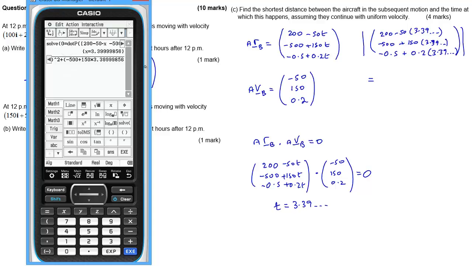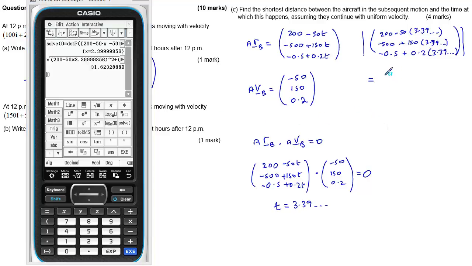So it's just there, and square that, and then we have negative 0.5, add 0.2 multiplied by the same result, squared. And perhaps I should have been in decimal mode, but I can change it easily enough. Just select it and tap here, and that gives me 31.62. So I'm going to say 31.62 kilometers, correct to 2 decimal places.